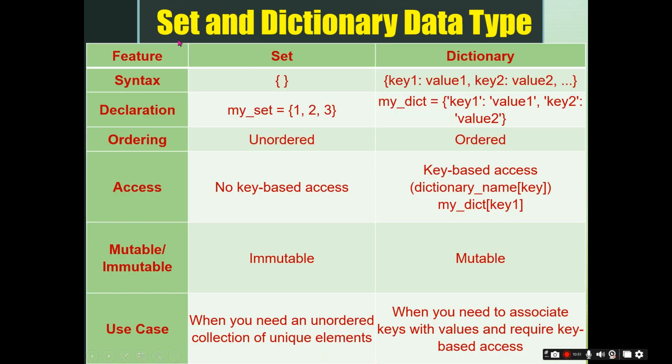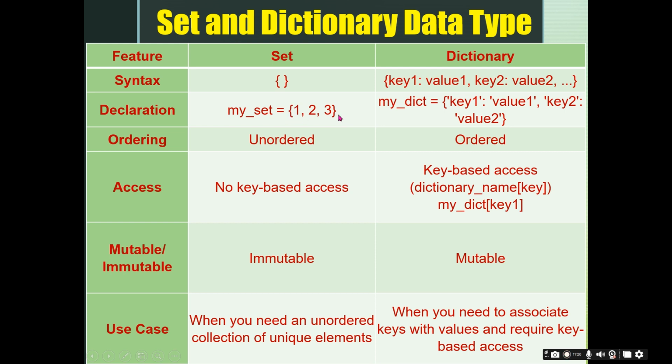So next is the set and dictionary data type. Since they are more or less similar, I am differentiating them in a table. So the syntax for set is to use curly brackets. Dictionary also uses curly brackets, and inside that you give key-value pairs. And then declaration: the set name is my_set is equal to 1, 2, 3.